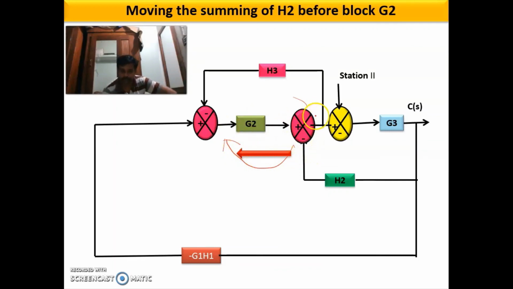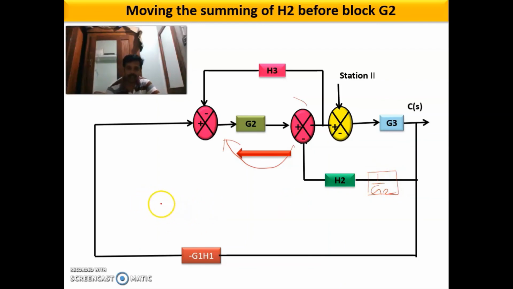So when the summing point is here, this G2 will not come with this line. But when you are moving this summing point before this block, this G2 will also be added with this H2. So we have to add a 1 by G2 with this line. Okay, so I will draw the diagram clearly.